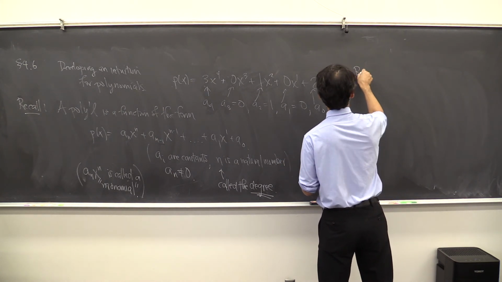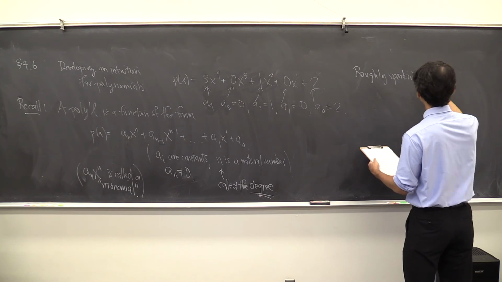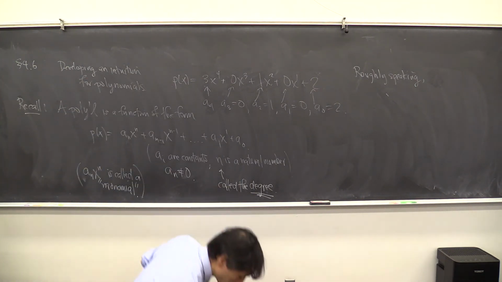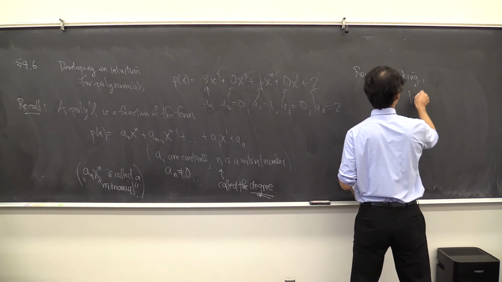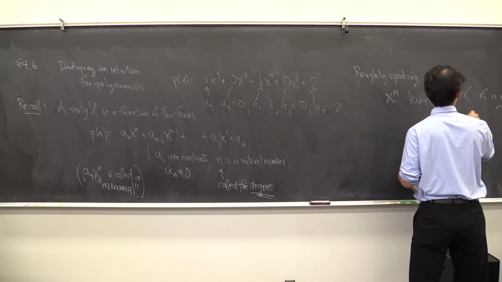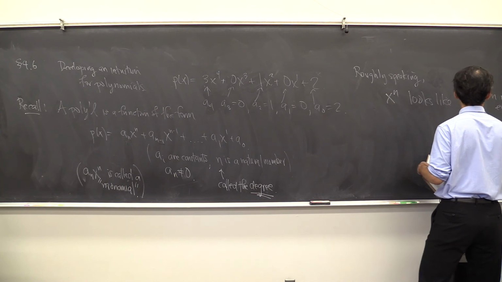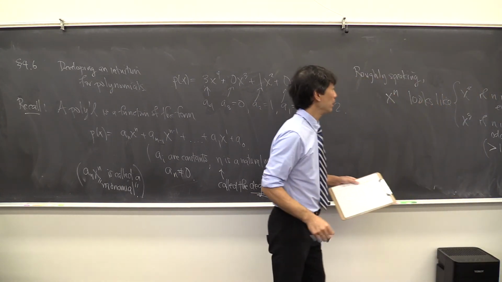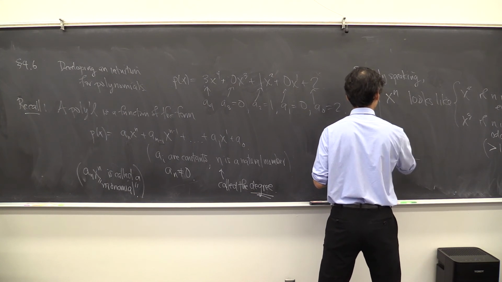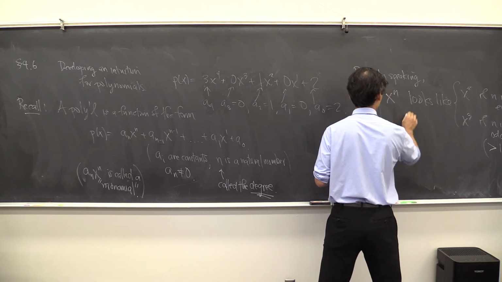Roughly speaking, x to the n looks like x squared if n is even, and x cubed if n is odd, and bigger than 1. So x squared looks something like this.